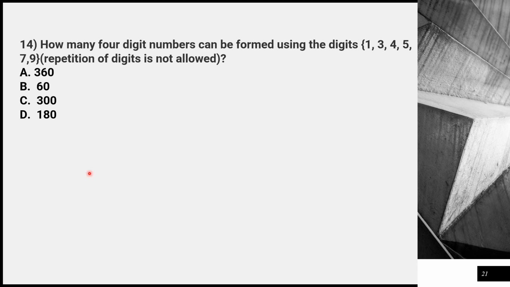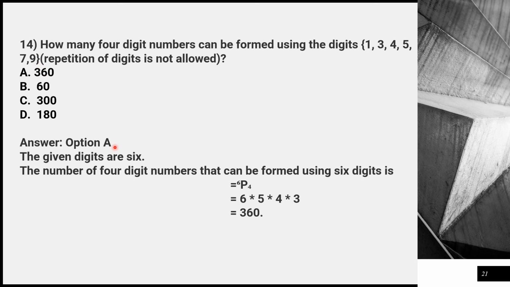So next question is, how many 4-digit numbers can be formed using the digits 1, 3, 4, 5, 7, 9? Here they are forming 4-digit numbers using these digits, where repetition of digits is not allowed.